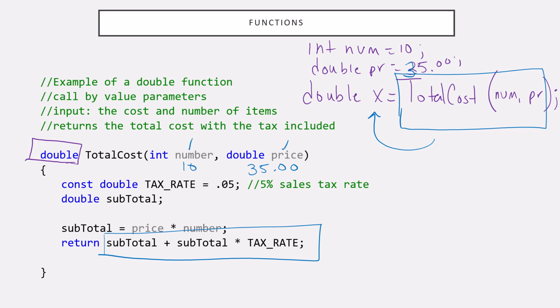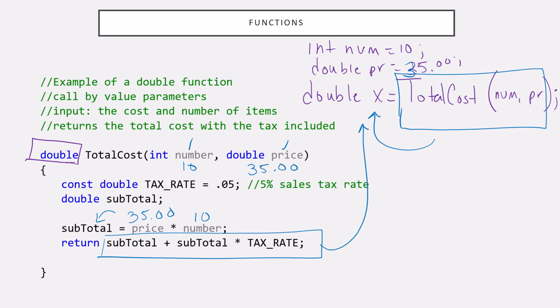They get declared when the function is called, and then you will see that they are being used in the function. So number will have 10, price will have a 35. This calculation will get done, and then this calculation will get done, and this whole value right here will get returned from the function and assigned to x.